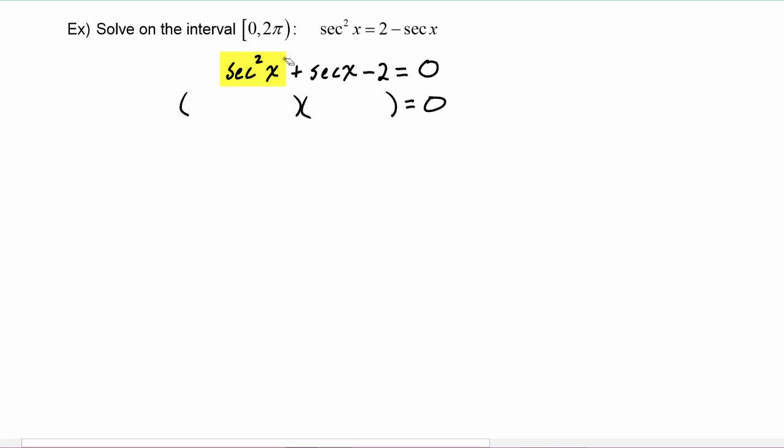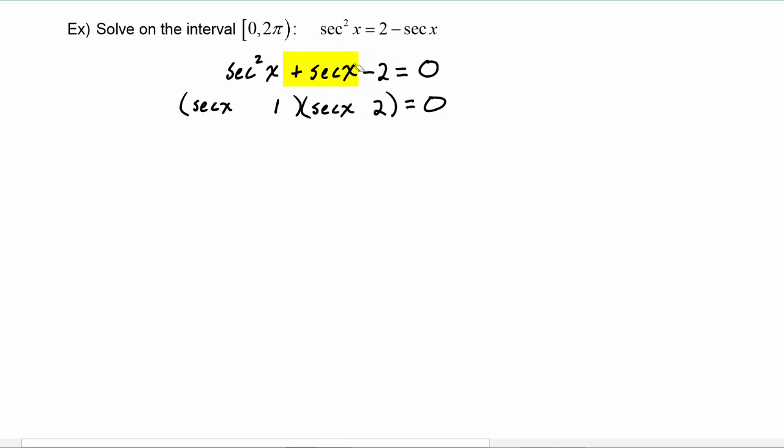The only way to get secant squared is to take secant of x times secant of x. The only way to get 2 is to do 1 times 2. This is a minus 2, so we know one of the factors will be positive and one will be negative.